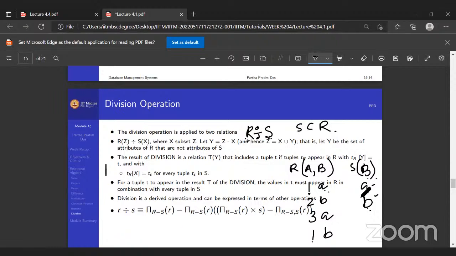S is a relation with attribute B, and R is a relation with attributes A and B, right? S should be a subset of R.